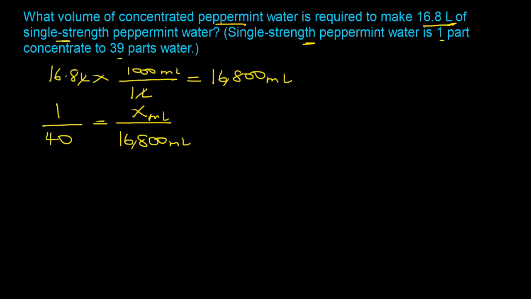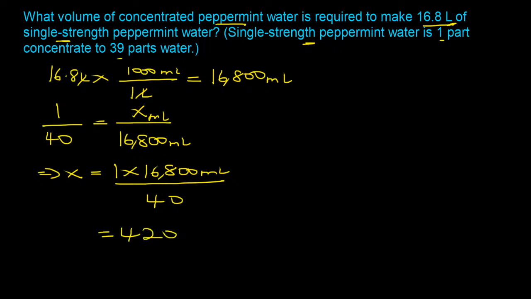And so now the way you want to do it is simply go ahead and solve for your unknown, which is x. So x is going to be equal to 1 times 16,800 milliliters divided by 40, and you end up with 420 milliliters. That's it.